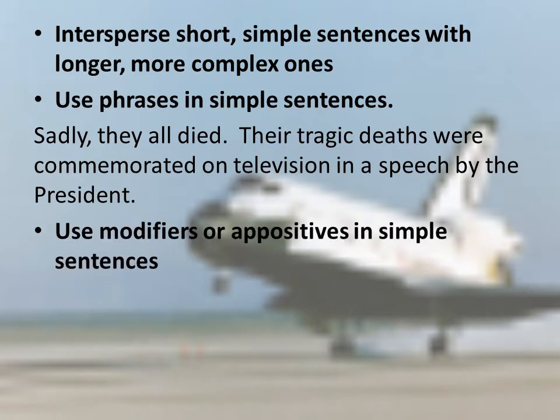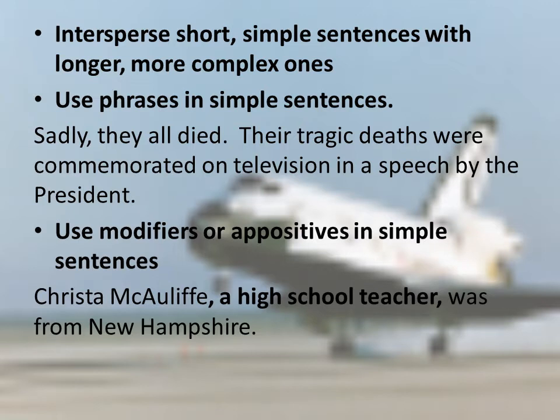You can also use modifiers or appositives in simple sentences. Modifiers is just a fancy word for things like adjectives, adverbs, or adjective clauses or adverb clauses. And an appositive is a type of noun phrase that describes another noun in a sentence. Look at this sentence. Krista McCullough, a high school teacher, was from New Hampshire.